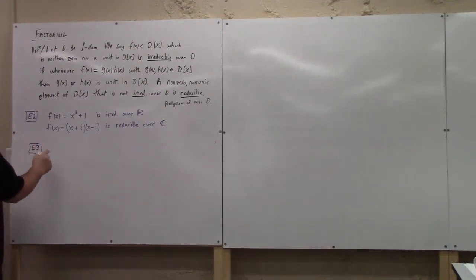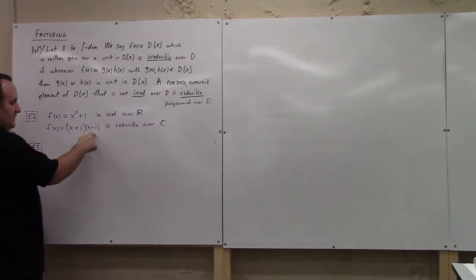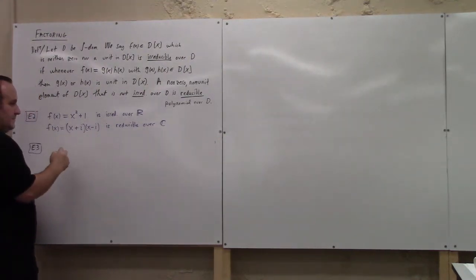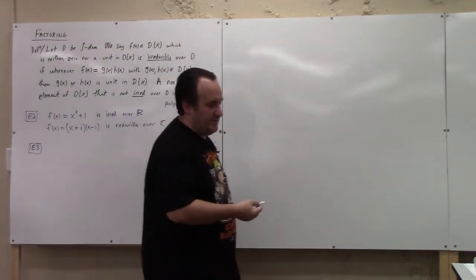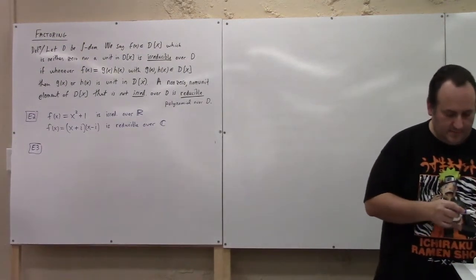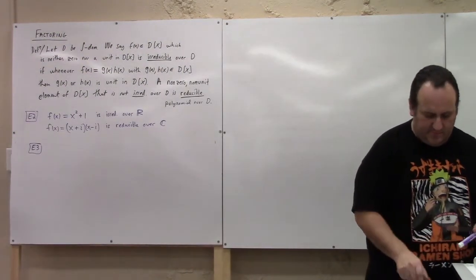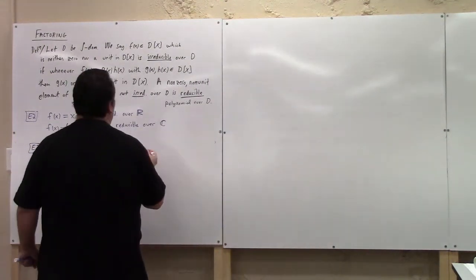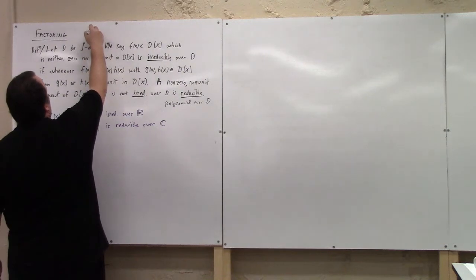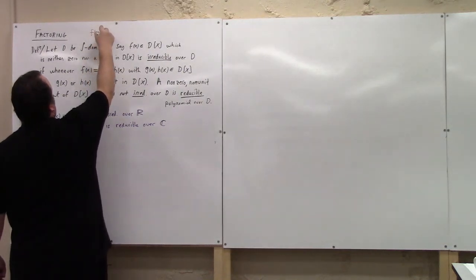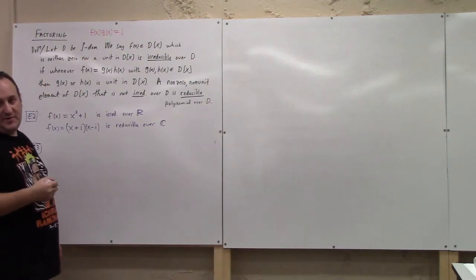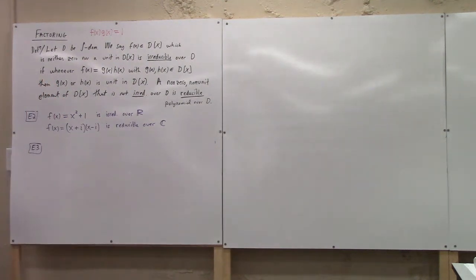So by the way, I'm claiming that these are not units. So what are the units? For polynomials over a field, what are units? If you have f of x times g of x equals 1, how can that be achieved if f of x and g of x are polynomials?